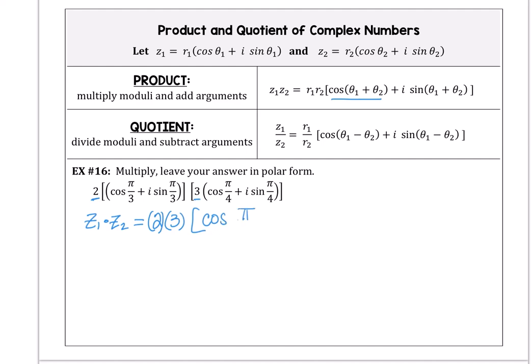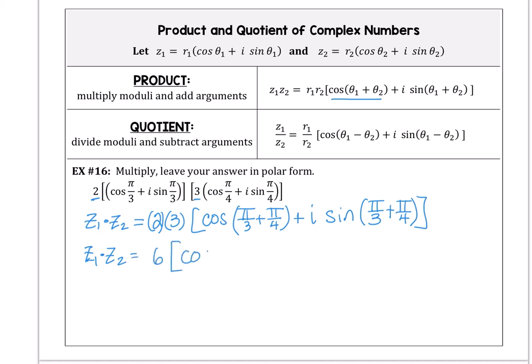Pi over 3 plus pi over 4 is going to add up to 7 pi over 12. And then i times the sine of pi over 3 plus pi over 4. So we would get a common denominator. That product, Z1 times Z2, is 6 cosine 7 pi over 12 plus i times sine 7 pi over 12.